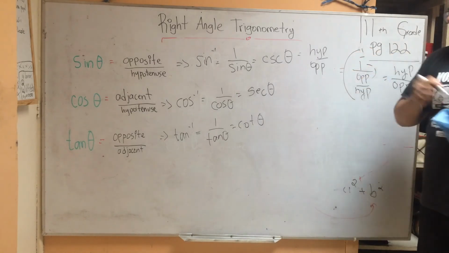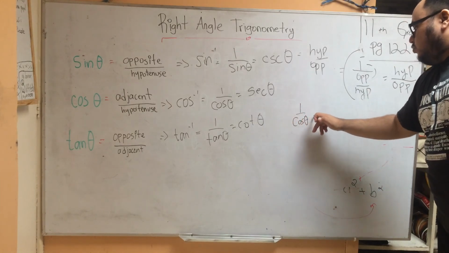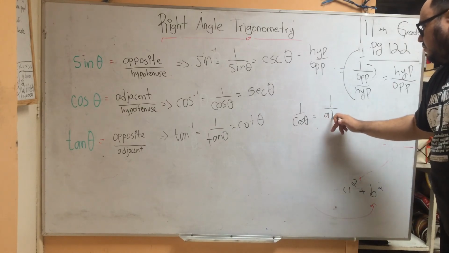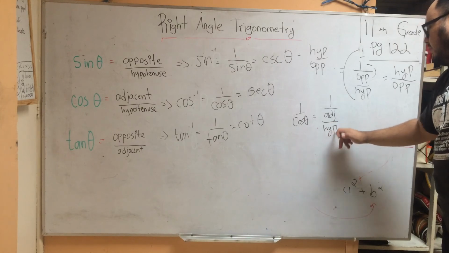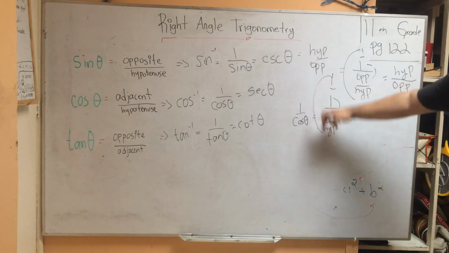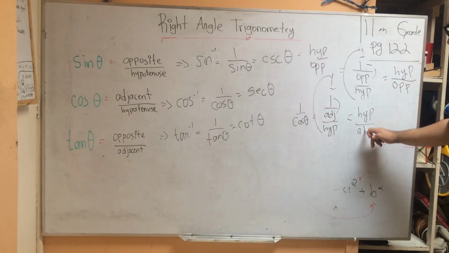The same thing happens with the other one. Look at 1 over cosine. What is 1 over cosine? 1 over, what is cosine? Adjacent over hypotenuse. Okay, what happens when we simplify these fractions? We flip them. Hypotenuse over adjacent.